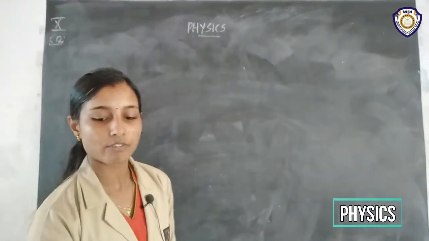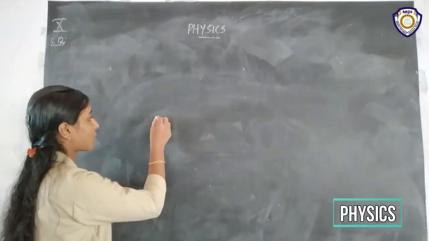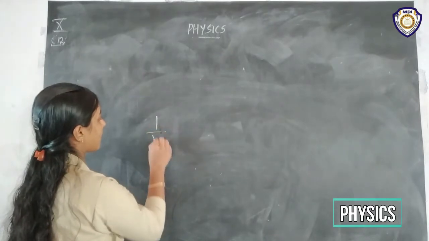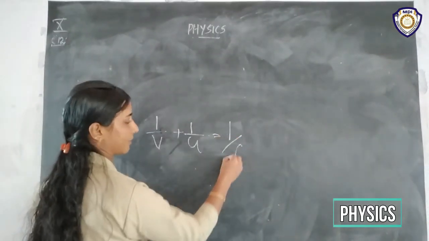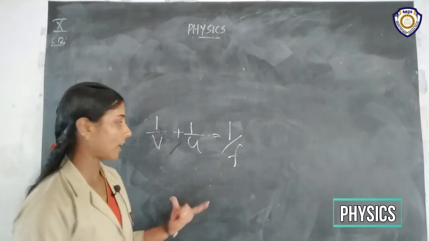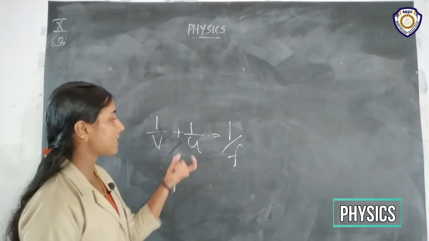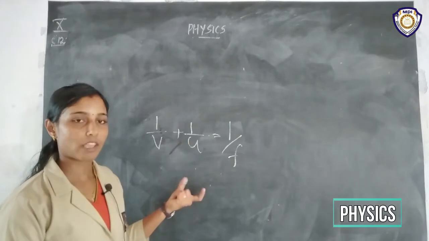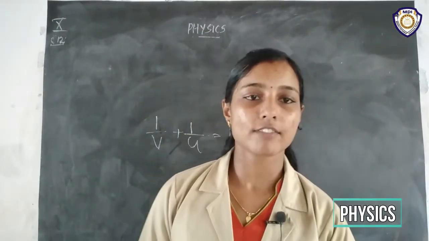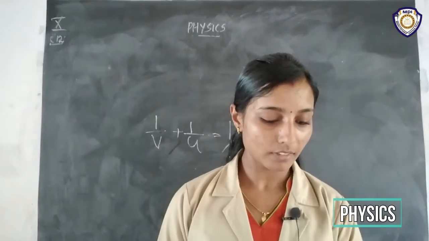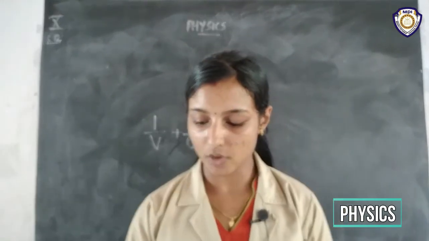So what is the lens formula? The mirror formula, you know, is 1 by v plus 1 by u is equal to 1 by f. Like this, only a sign change is given in the case of the lens formula. The lens formula is given in your textbooks.